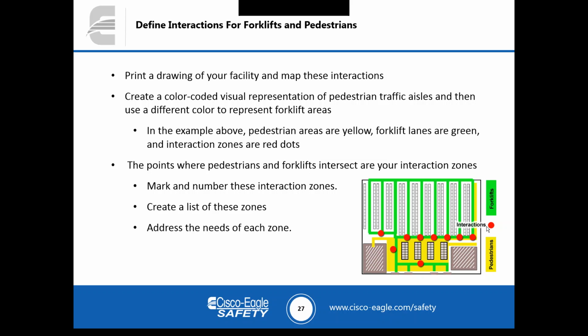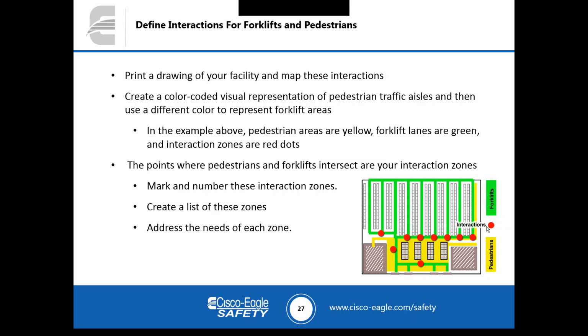And after doing that, you'll want to create a color-coded visual representation. In doing so, you'll want to use a specific color to represent the pedestrian traffic aisles in your facility, and then a different color, of course, to represent the forklift aisles or areas in your facility.